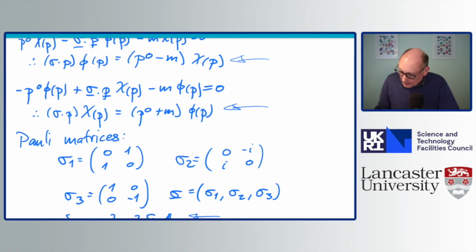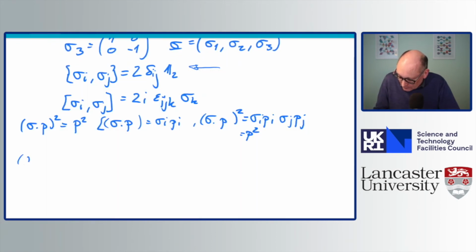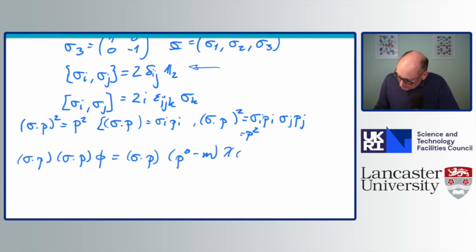Letting sigma dot p act on the equation for phi first, we find sigma dot p on sigma dot p on phi is equal to sigma dot p of what was on the right hand side, which was p naught minus m psi of p.